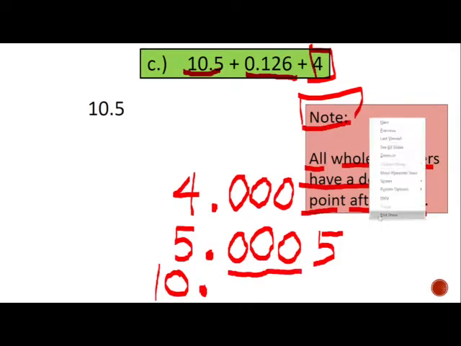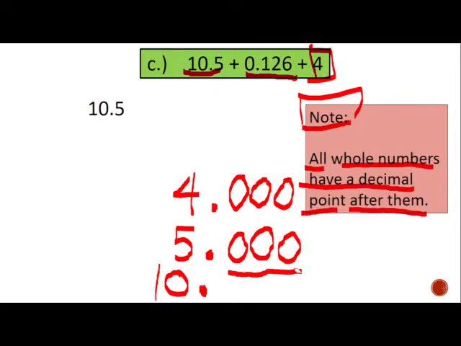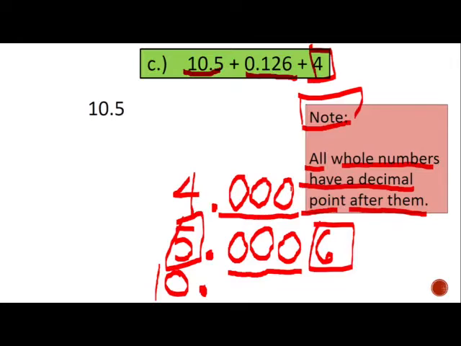What I'm saying in here is that if zeros are not in between or sandwiched between two non-zero digits, doon natin sila pwedeng tanggalin or ilagay kung kailangan.